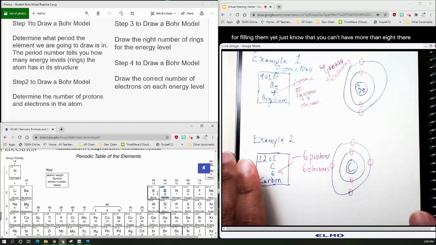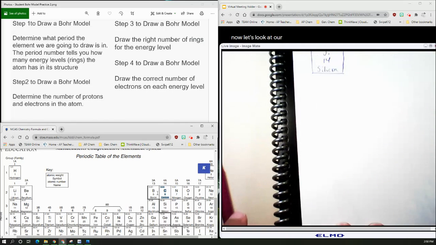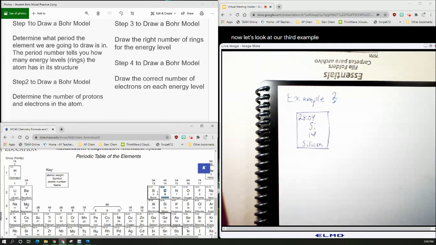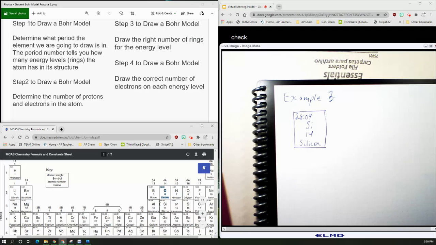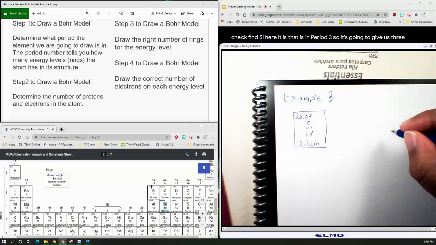All right, now let's look at our third example of silicon. All right, so same steps. Double check, find Si. Here it is. That is in period 3. So it's going to give us 3 rings.